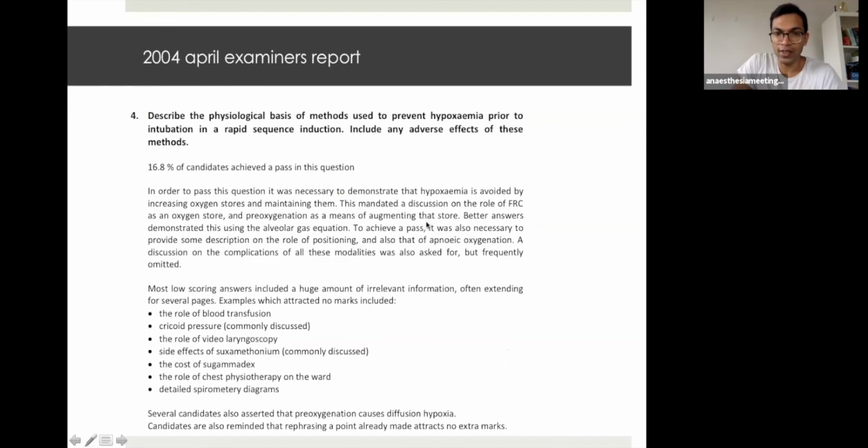And this is interesting, right? So this mandated a discussion on the role of FRC as an oxygen store, and pre-oxygenation as a means of augmenting that store. Better answers demonstrated this using the alveolar gas equation.